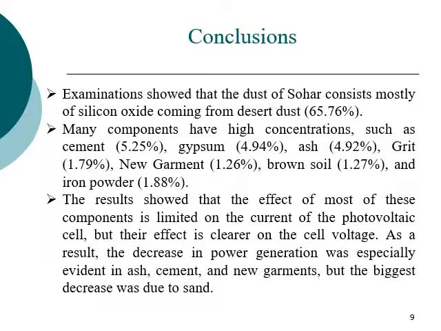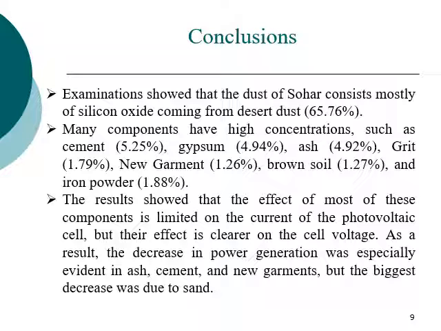Now let me conclude. The examination of dust impact in Sohar shows that silicon dioxide is the main part, coming from the desert dust. The focus is supposed to be on sand. Many components have high concentrations, such as cement, gypsum, ash, grit, brown soil, and iron powder.